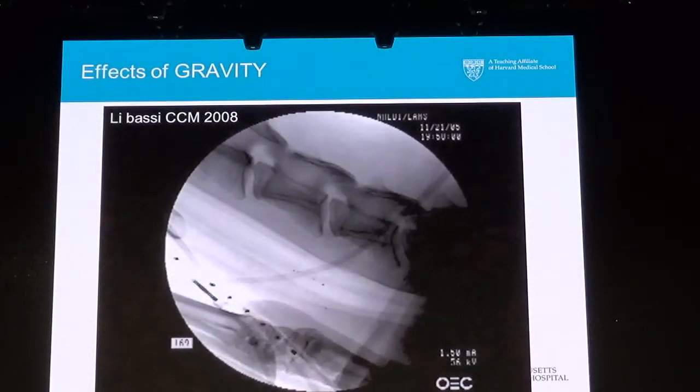This is a video of a sheep that was mechanically ventilated. This is the trachea, the neck of the sheep, and this is the endotracheal tube tip in the upper left corner.